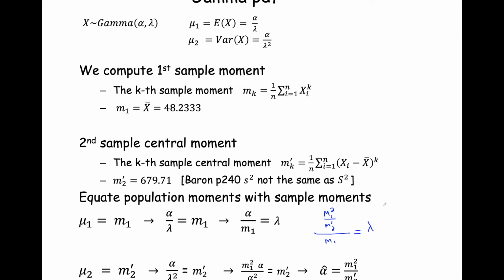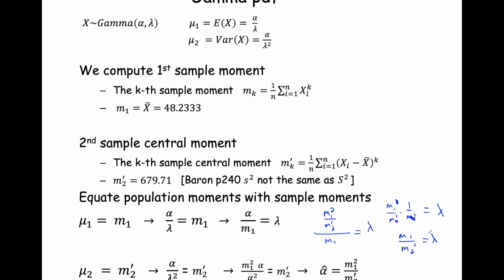Well, that's like saying m1 squared over m2 prime times 1 over m1 is equal to lambda. So you have m1 here in the denominator, you have m1 squared, so one copy of this cancels to 1. So you're left with m1 over m2 prime is equal to lambda. And that's our other estimator.